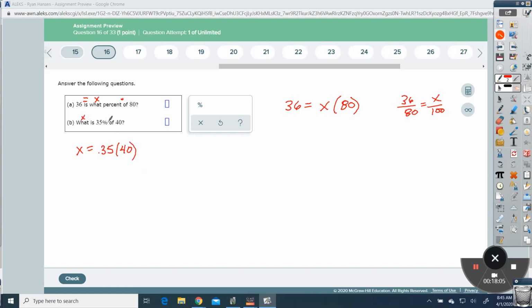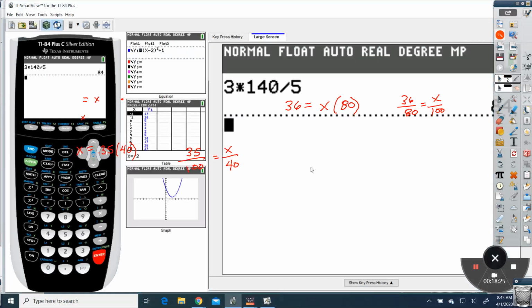Some people like to say, what is 35% of 40? So 35 over 100, that's my percent, equals x over 40. Okay, so that's how some people like to do it. They like to set up the proportion. Either way, I'm happy with. Whatever you like to do makes you happy and you understand. Okay, so on this one, if I were to finish solving this, I would go 36 divided by 80. And realize that's a decimal, and it's asking for percent. So I multiply by 100, or I move the decimal over 2 places.